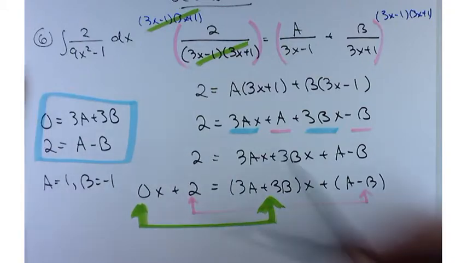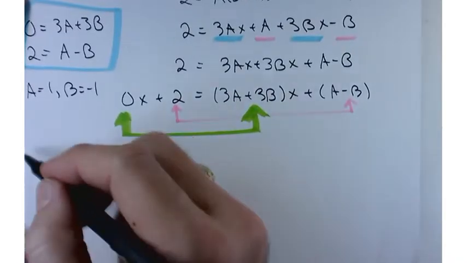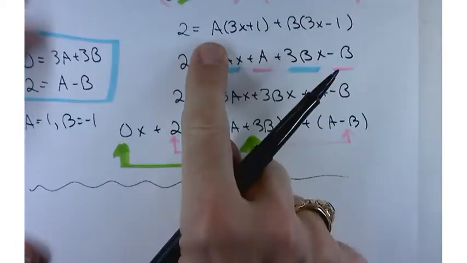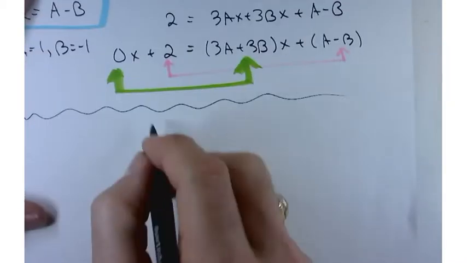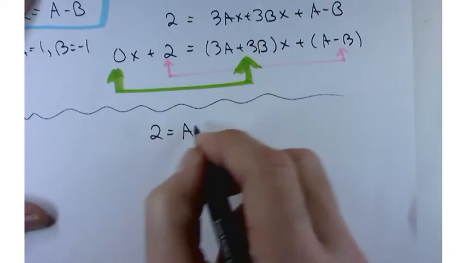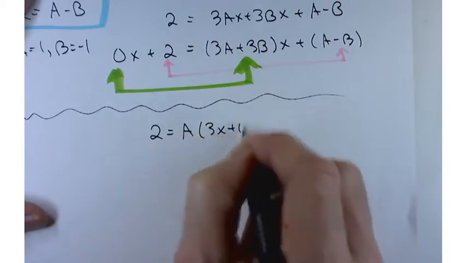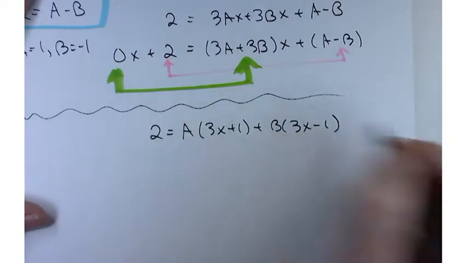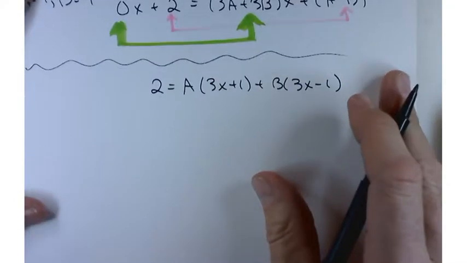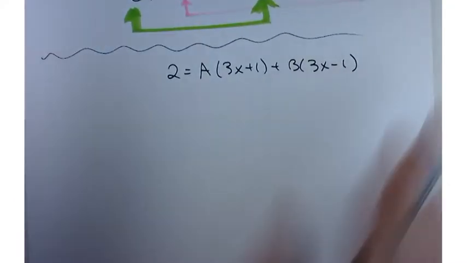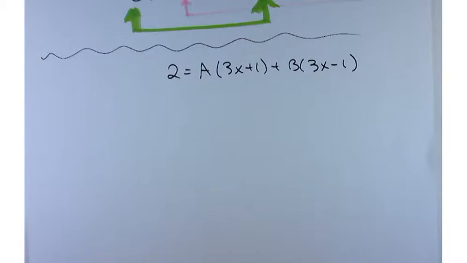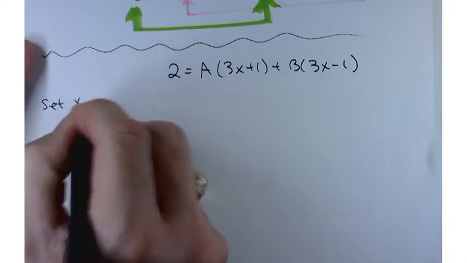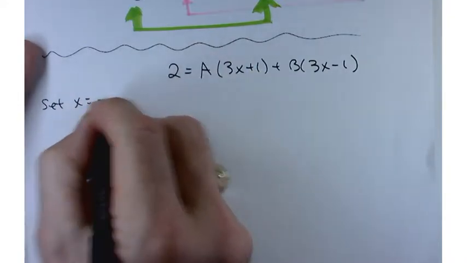Okay. There's a different way that we can solve for A and B. Let's go back to this line right here: 2 equals A times 3x plus 1 plus B times 3x minus 1. And let's choose a couple clever values for x. What do I mean by that? Well, let's set x equal to -1/3.